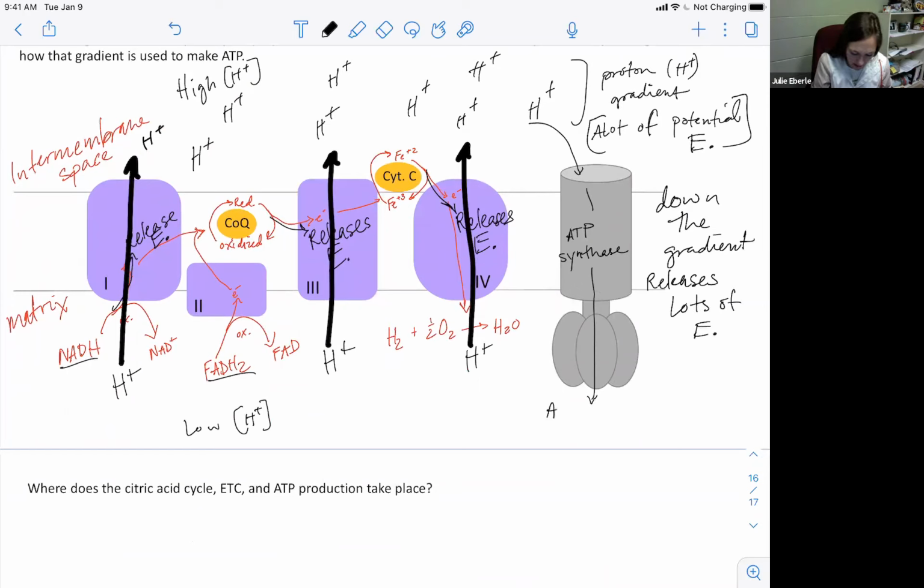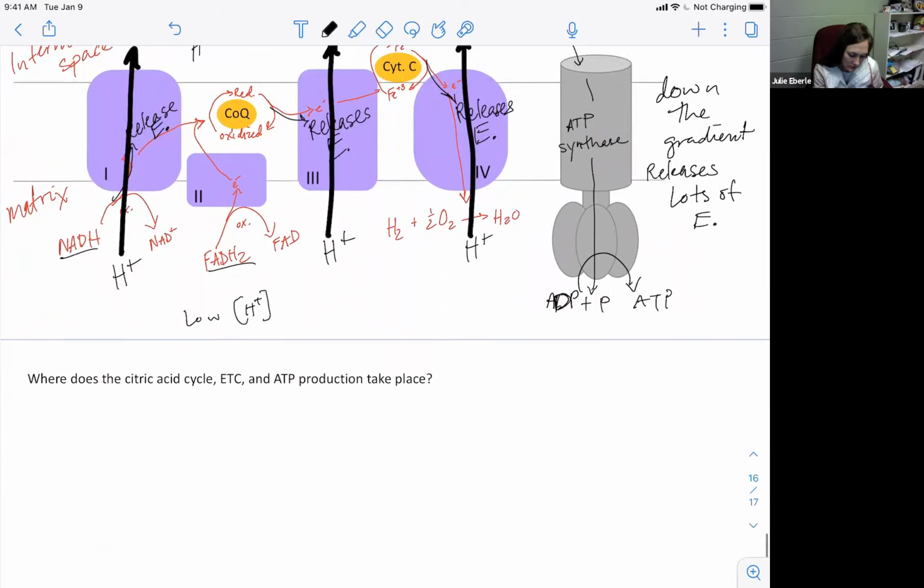And we take ADP plus the phosphate, and from that, on the beta subunit, we get ATP. Okay. All right, that's electron transport, oxidative phosphorylation.